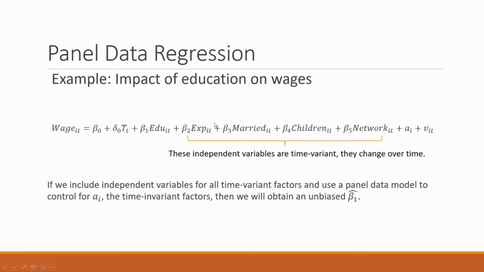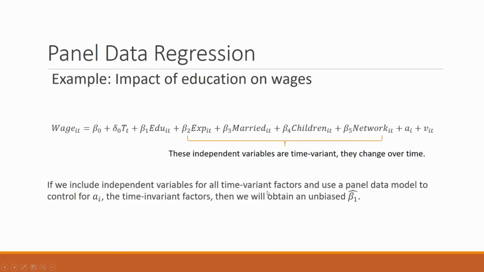We can include all these time variant independent variables in our regression model, and then we can use a panel data model to control for a_i. If we do that, then we will get an unbiased estimate of beta 1, which is what we want. So if we include independent variables for all time variant factors and use a panel data model to control for a_i, the time invariant factors, then we will obtain an unbiased beta 1 hat.